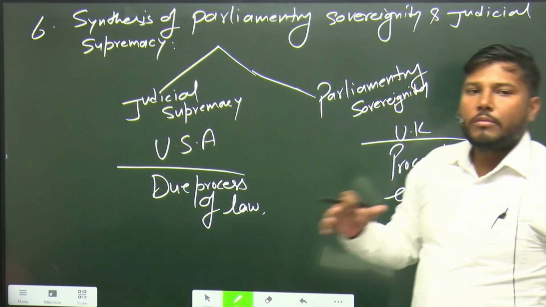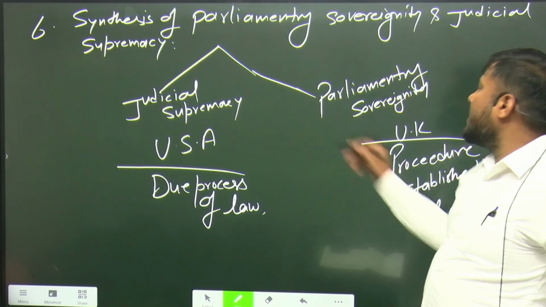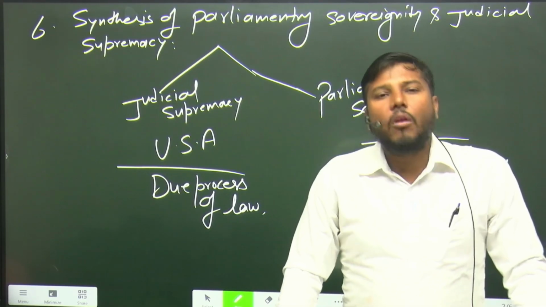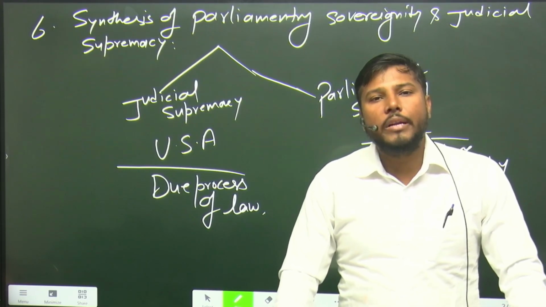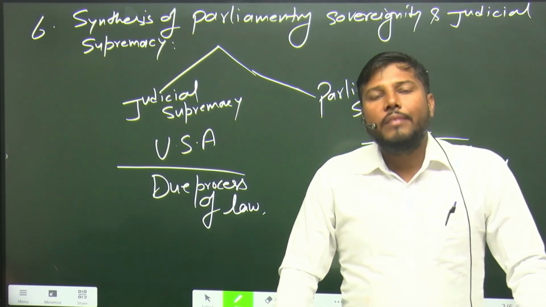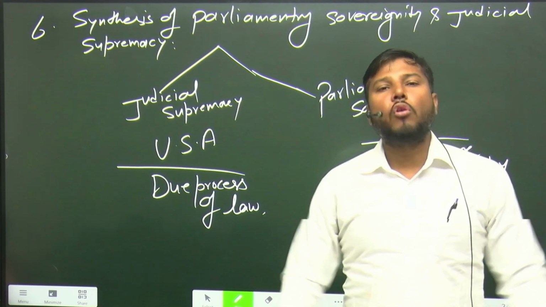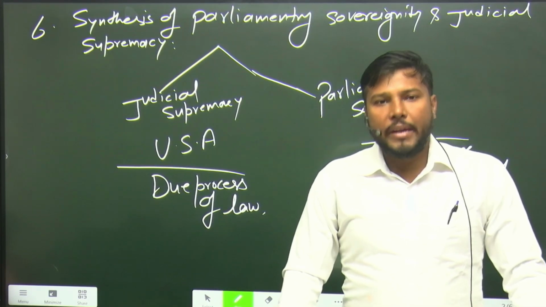If you start discussing this question, then you come to know what is the parliamentary sovereignty. If the law enacted by the parliament cannot be questioned in any court of law or in any authority or in any body, then that concept is called the parliamentary sovereignty, right? Parliament is sovereign. Sovereign means utmost level of autonomy, independence.